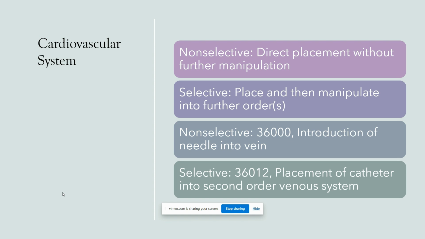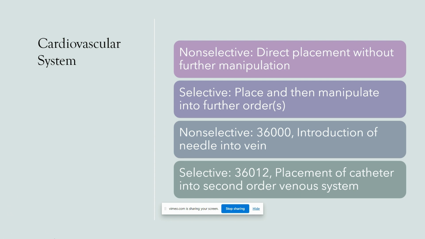Basically, the needle went into the vein, nothing else done. Selective: 36012 is placement of catheter into second order venous system. The catheter went in, and they had to get it into the second order venous system. It could not just be put into one vein. They had to search for the second order, if that makes sense.